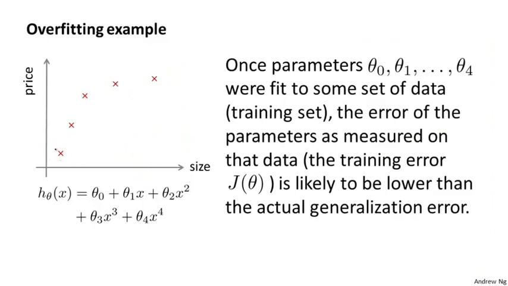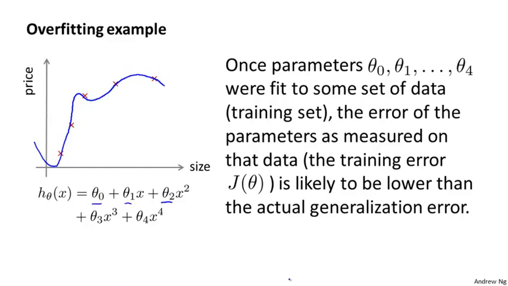We've already seen a lot of times the problem of overfitting, in which just because a learning algorithm fits a training set well, that doesn't mean it's a good hypothesis. More generally, this is why the training set error is not a good predictor for how well the hypothesis will do on new examples. Concretely, if you fit some set of parameters, theta 0, theta 1, theta 2, and so on, to your training set, then the fact that your hypothesis does well on the training set doesn't mean much in terms of predicting how well your hypothesis will generalize to new examples not seen in the training set.